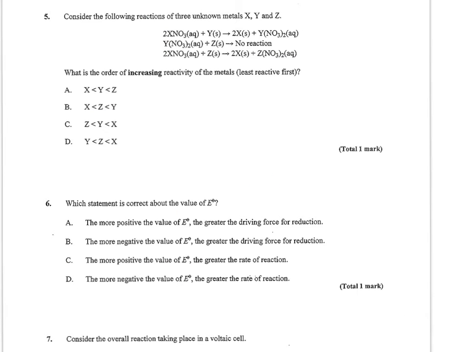Question number 5 says, consider the following reactions of 3 unknown metals. So for each one, they start out giving you a metal ion, or metal nitrate solution, and then it's reacting with a solid metal.